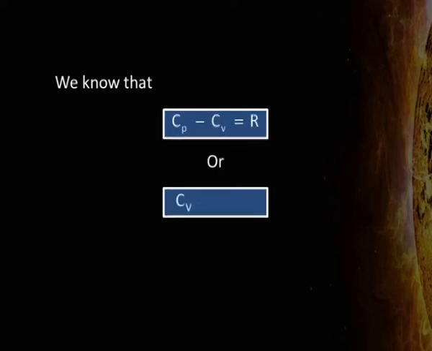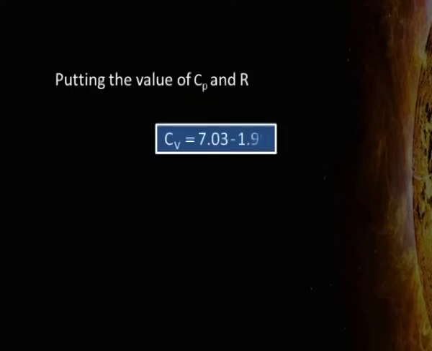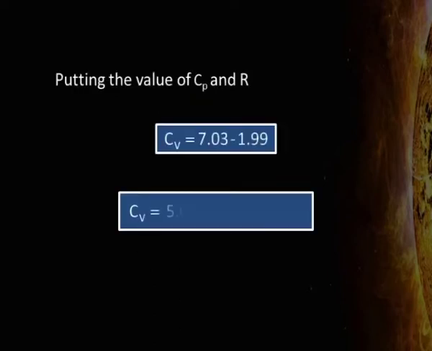We know that Cp minus Cv is equal to R, or Cv equal to Cp minus R. Here Cp is 7.03 and R is 1.99 in calories. Therefore, Cv will be equal to 5.04 calories per mole per degree.